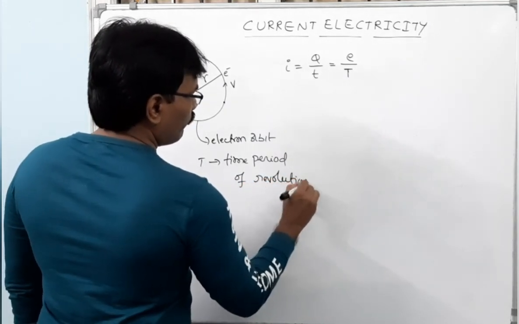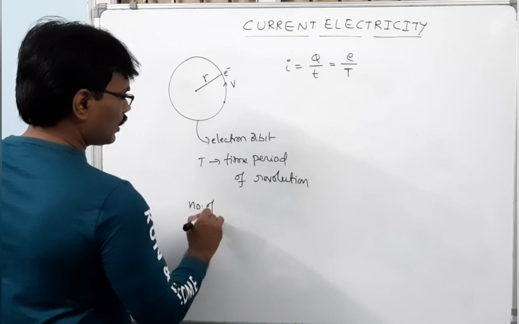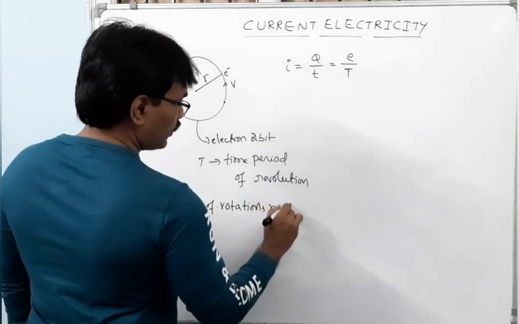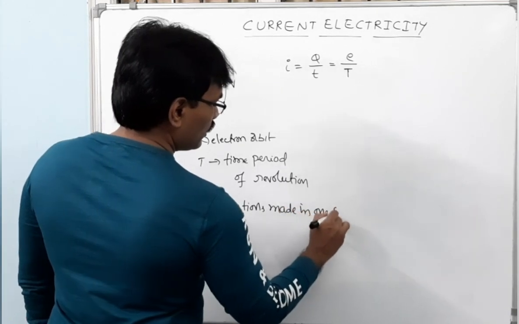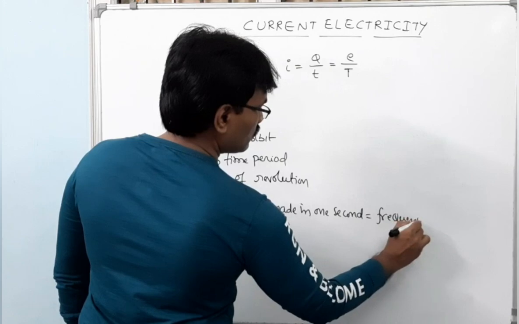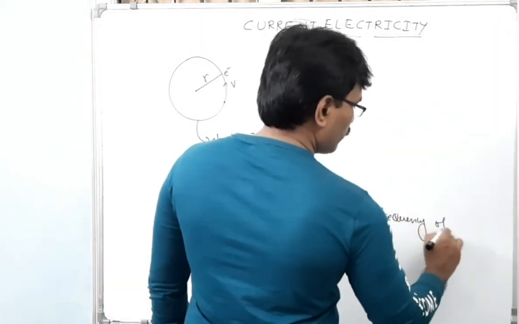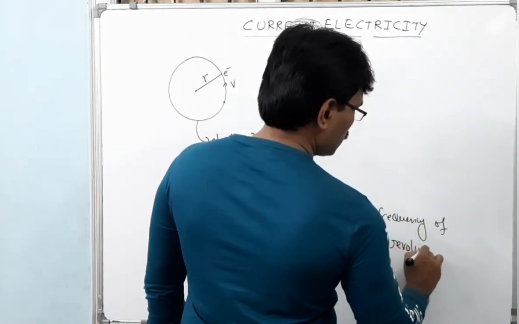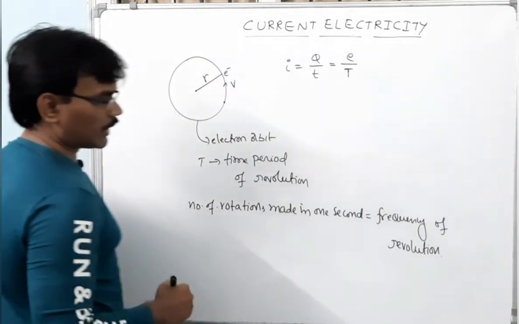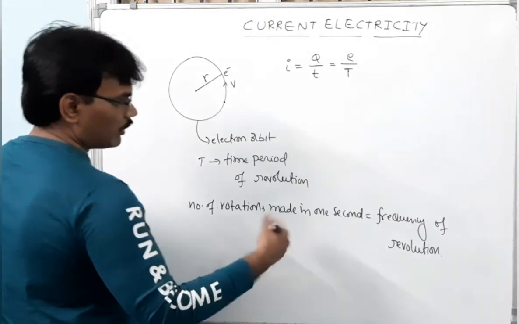And we know frequency is the number of revolutions or rotations made in 1 second. That is the frequency of revolution, or frequency of rotation.